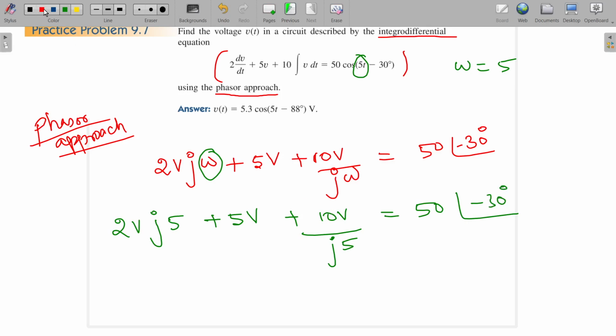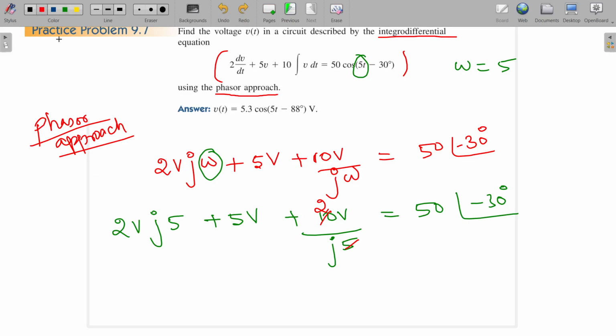In this case we can cancel this out and you'll be getting 2V by j. The j in the denominator must be removed, so we have to multiply and divide by j.